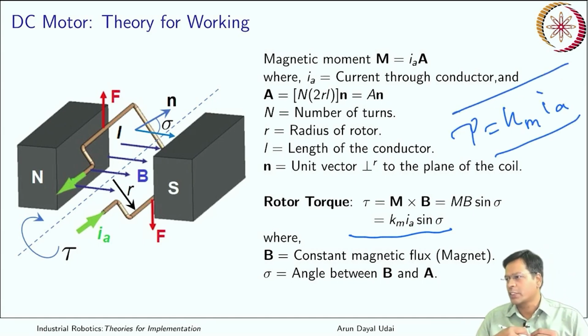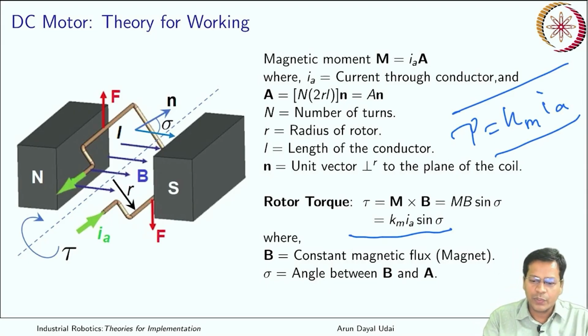Sigma is no more a variable. If you sum the torques of all those coils, that annuls the effect of sigma. So it becomes almost negligible pulsation in torque. Almost constant torque you will see. Combined with the rotor inertia, it is not seen even as a mechanical vibration.